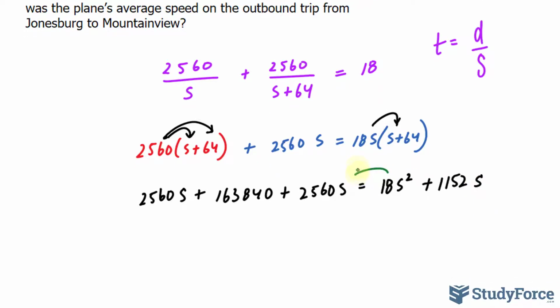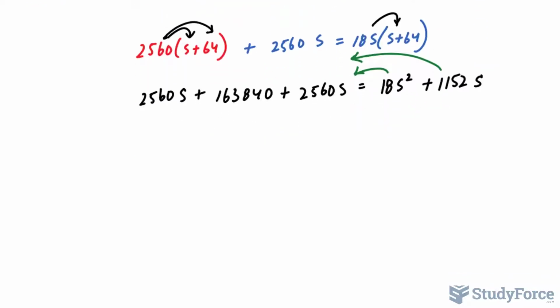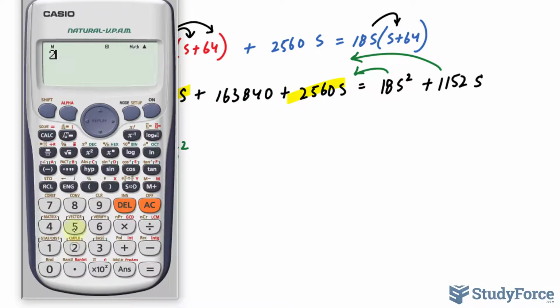Let's bring all the terms to one side and set one of the sides equal to 0 to solve. So if I bring that over, I get minus 18s squared. If I bring that over, it becomes negative, and combining it with this term and that term, 2560 minus 1152. Remember, it becomes negative when you move it over.